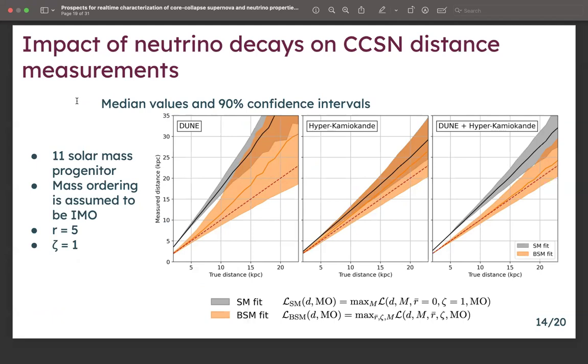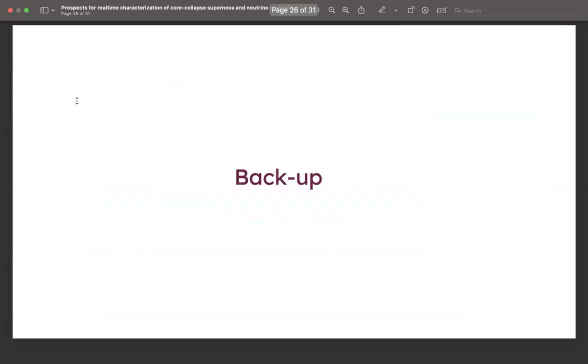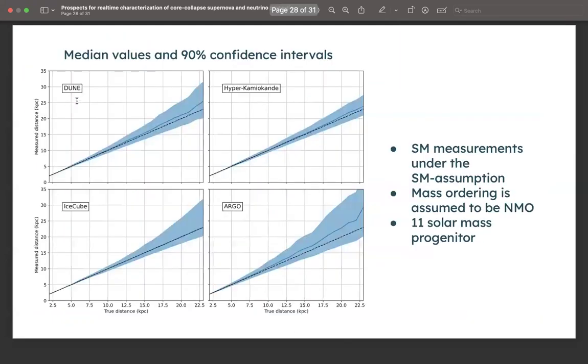So actually, what I have, which can help in this question, is this: it looks like this when we assume the standard model and we do a standard model fit, assuming that we know this. Where the big uncertainty is, if it's a coin flip between mass orderings, then we have two widely different parameters.